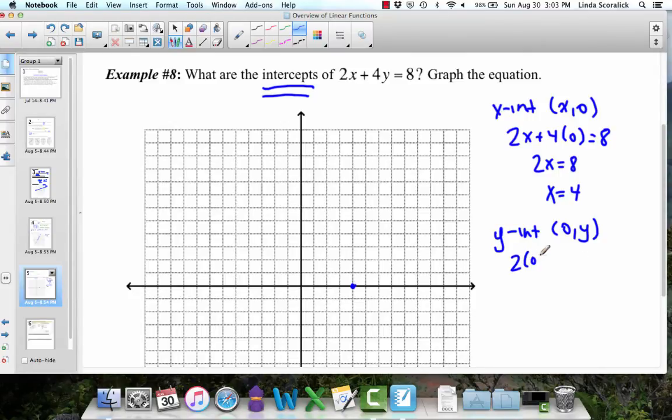For the y-intercept, we could replace the x value with 0, leaving us with 4y equals 8, and we would get a y value of 2. That means this graph crosses the y-axis at 2. It only takes 2 points to get a line, so we could draw the line just through those 2 points.